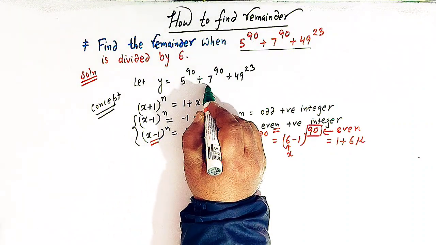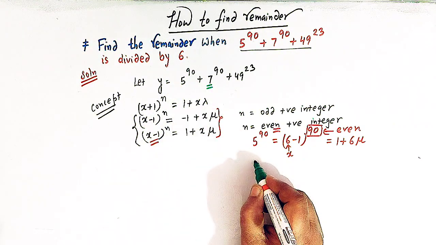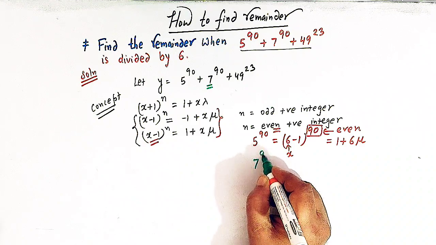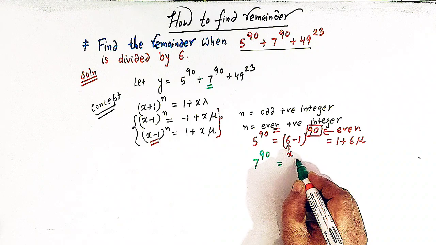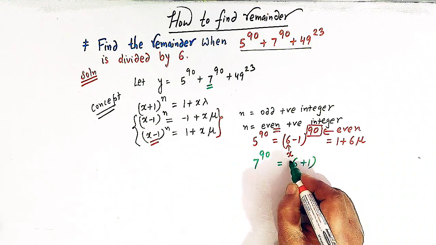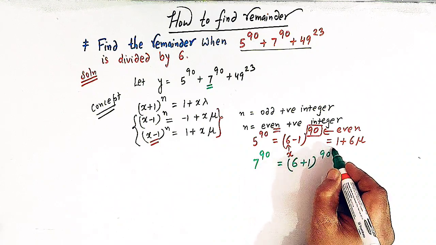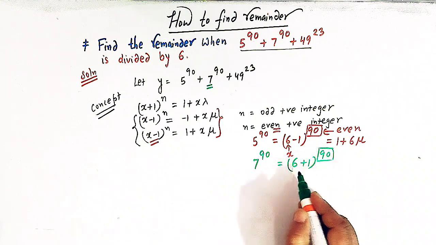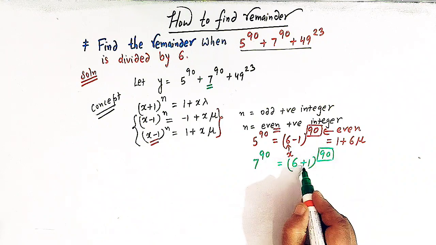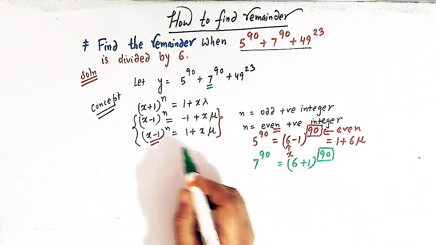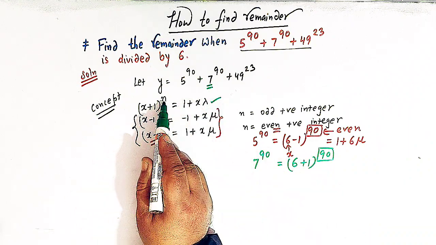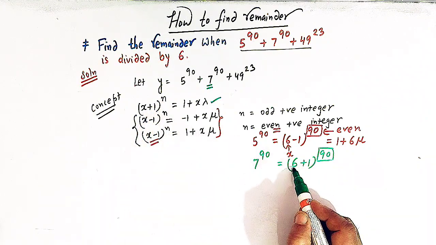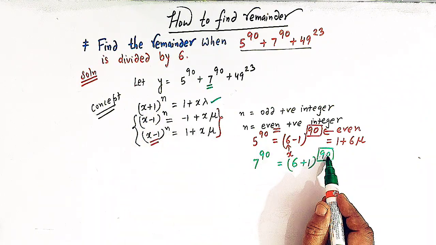Now let us take the second number. Here we have 7 raised to 90, and 7 can be written as 6 plus 1, so we have 6 plus 1 raised to 90.